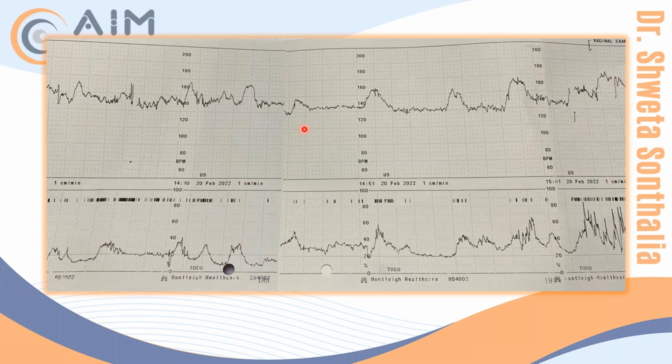Okay, if in case we consider this CTG, and say the trace which is up, all the accelerations we can see, let's make them decelerations. The thing is, they will not give you an exam with such a confusing scenario. From a practical point of view, in your labor ward, you will see this.